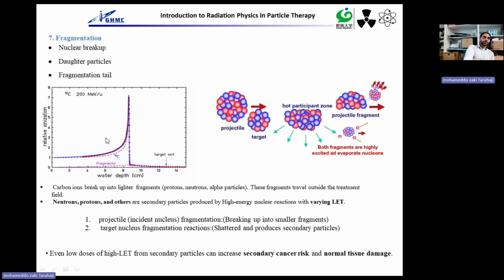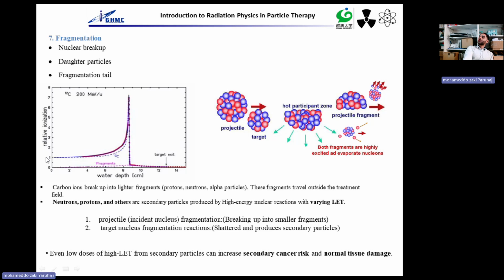So we have this fragmentation tail. It comes from the many secondary particles that break up nuclei along the path.